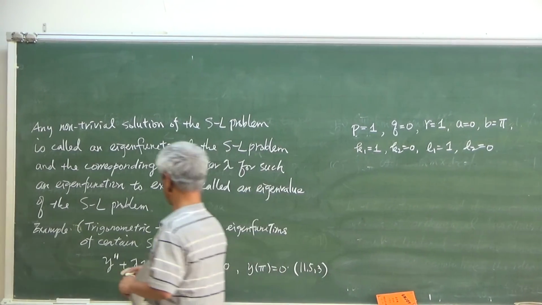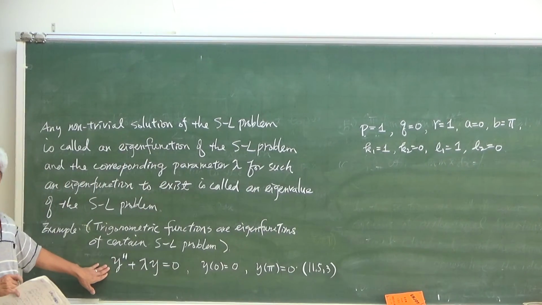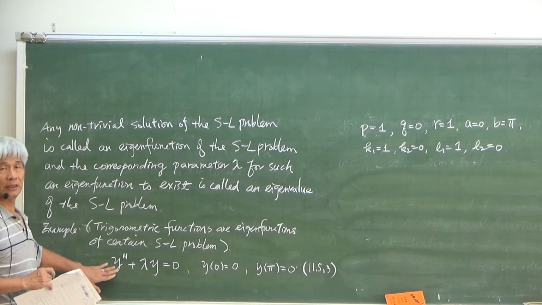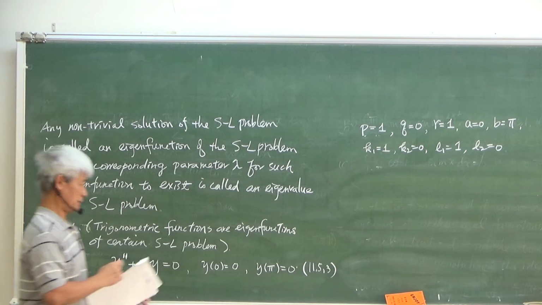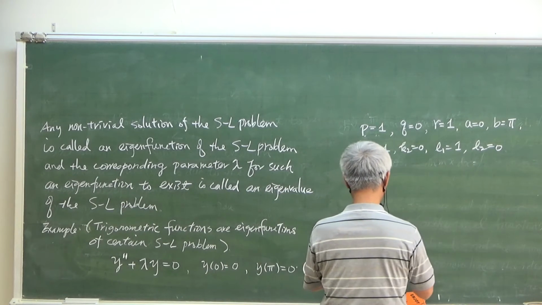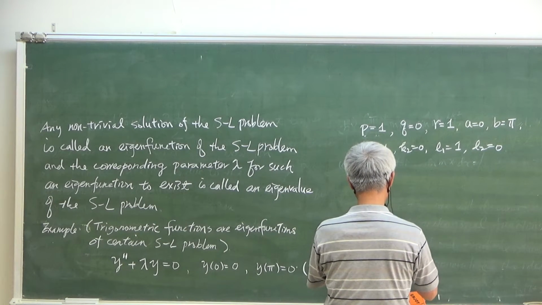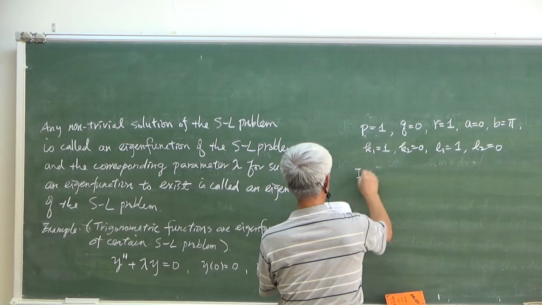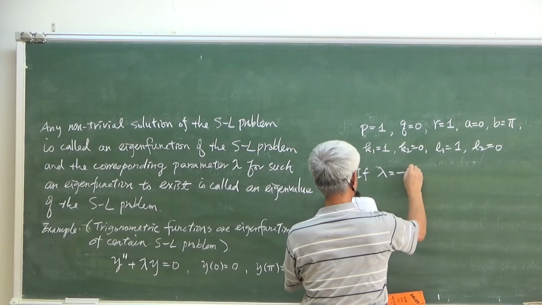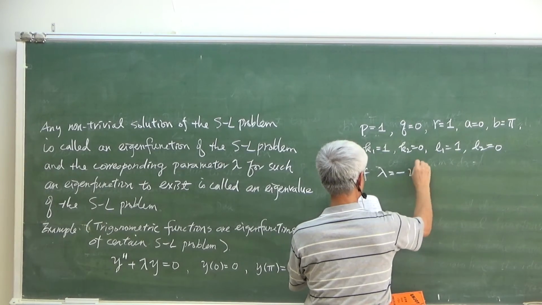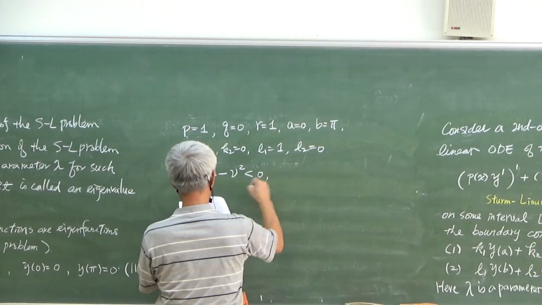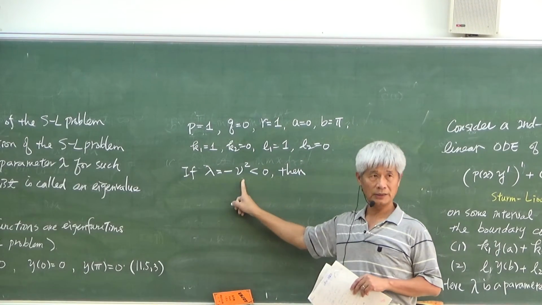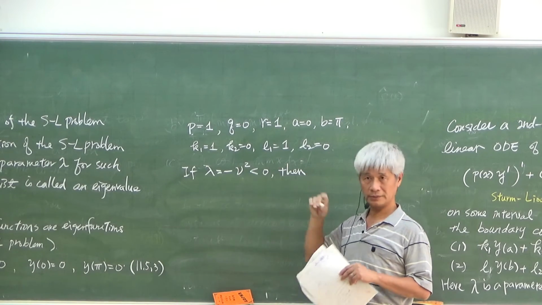Now we try to solve this problem to find whether we have a non-trivial solution. If lambda is negative, any negative number can be represented as minus mu squared.